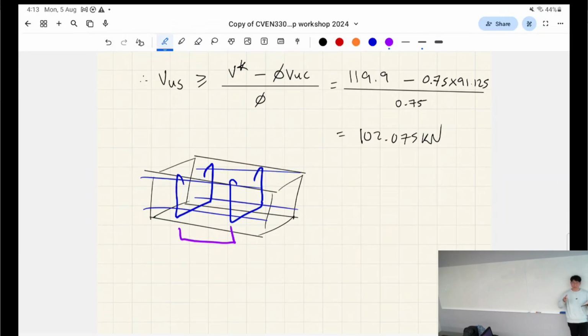If the spacing of the stirrups is closer, do you think that's going to be stronger or weaker? Yeah. If it's further apart, it'll be weaker. If it's closer together, you will have more over your entire beam, and it'll be stronger, right?